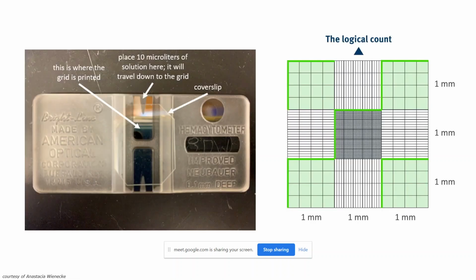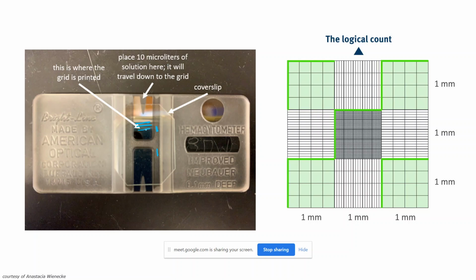This is a hemocytometer, or a Neubauer chamber, as many people call it. This is the grid where you place your sample or your solution, and suppose you are putting 10 microliters or 20 microliters of your solution here.